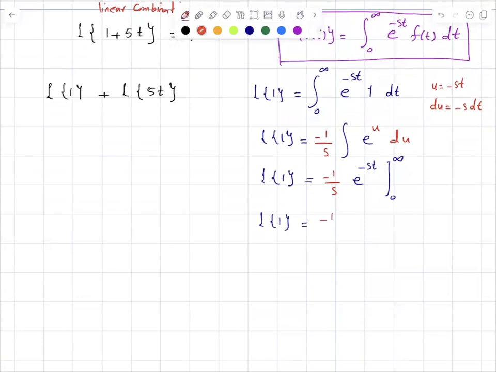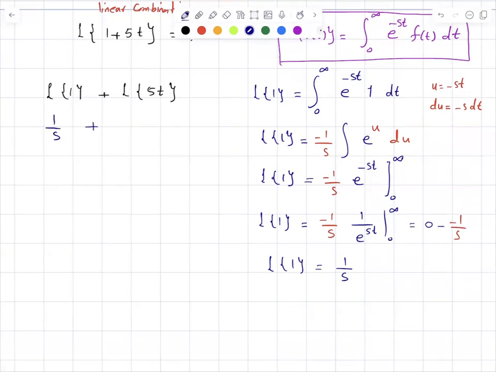So you have negative 1 over s times 1 divided by e to the power st, t ranging from 0 to infinity. If you plug in infinity, it becomes just 0, minus negative 1 over s times 1 divided by e to the power 0, which is 1. So the result of the Laplace of 1 is equal to 1 over s.